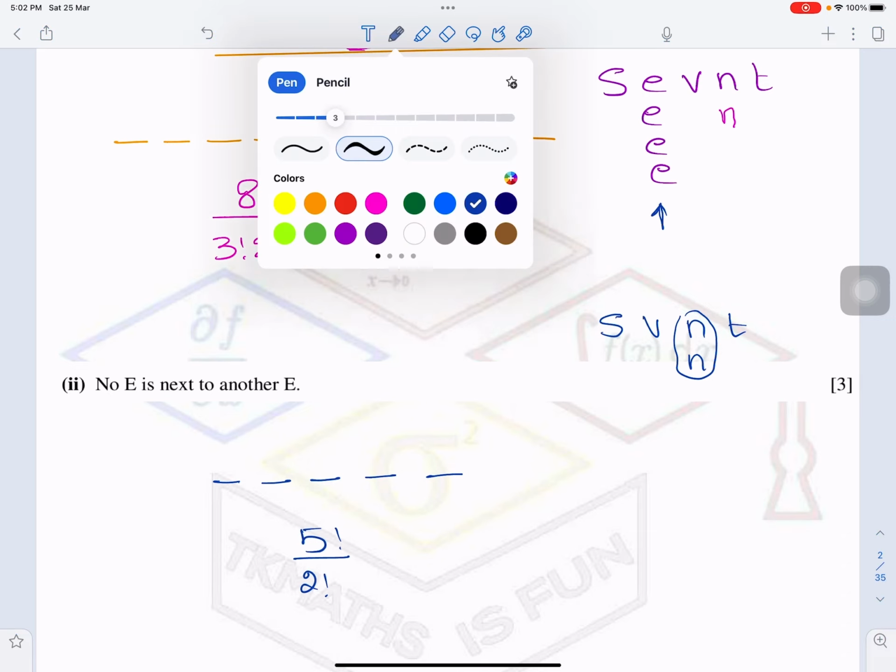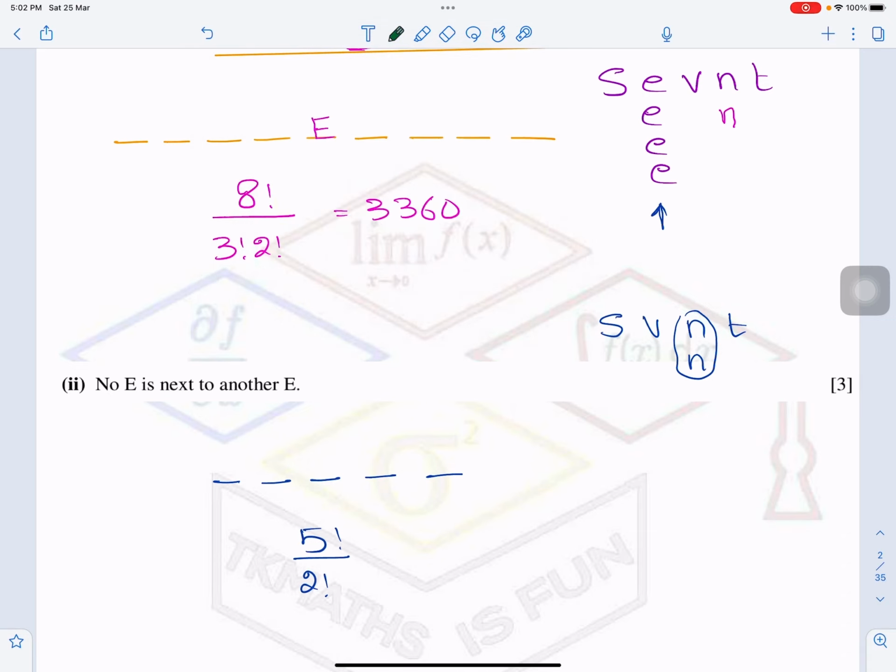After that I have to separate the E's. E's will not be next to each other only if they are in between the letters, or in the beginning or the end. It means out of these 6 positions, if the E's are on any 4 positions, because there are 4 E's, then they will be separated from each other.